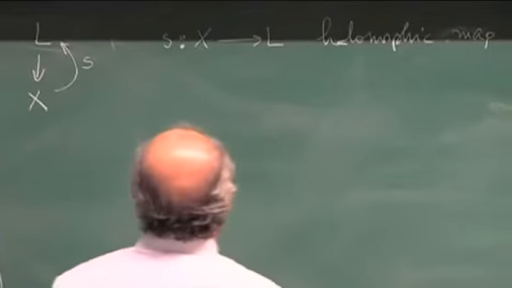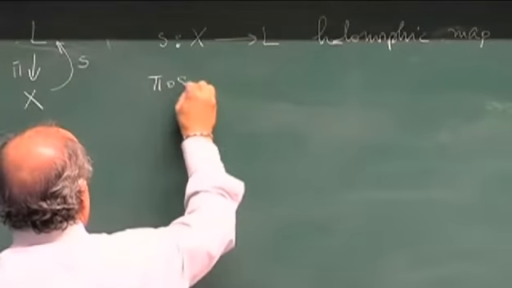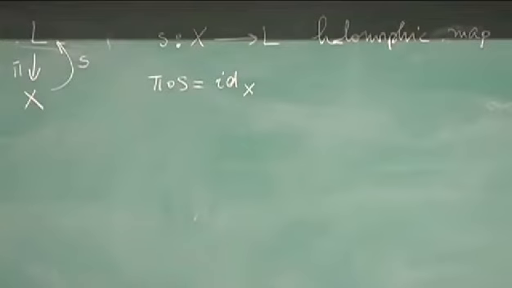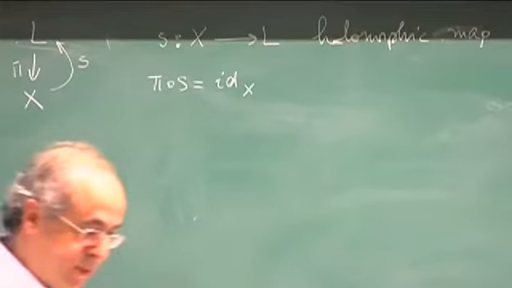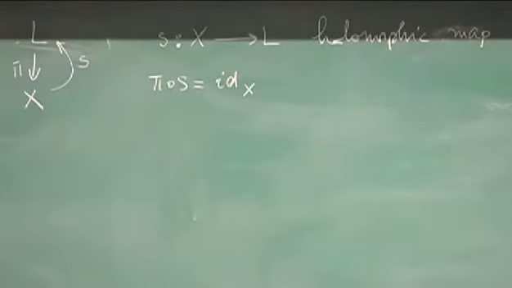such that, here we have the projection, when I compose with the projection, I get the identity. By the way, notice that I'm not saying that such sections always exist, because this is what happens: they don't always exist, but let's assume we have one.